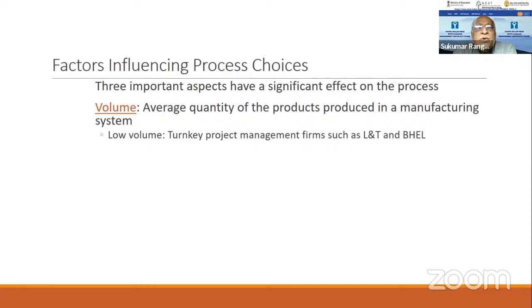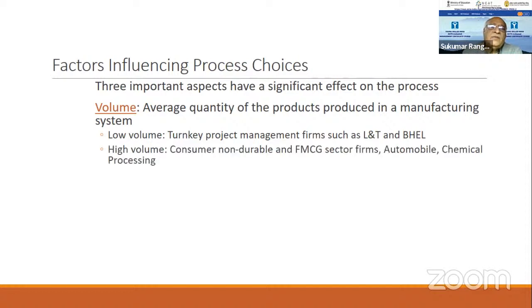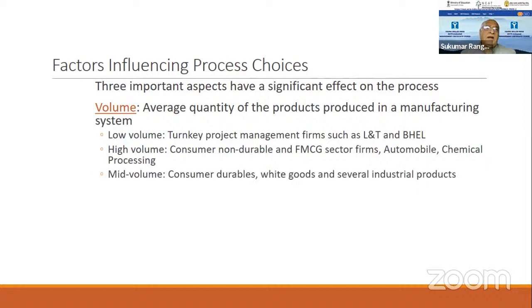So for doing this, the process design will be entirely different. In case of high volume, consumer non-durables and FMCG, like we talked about soaps and other things, it could be automobile, chemical processing, the process design will again be entirely different.